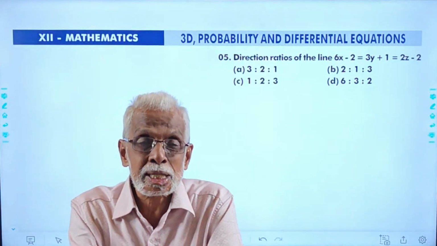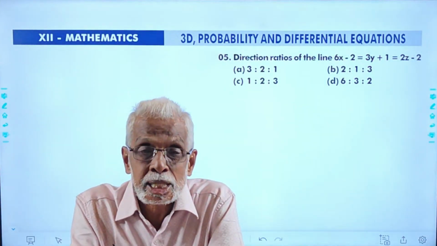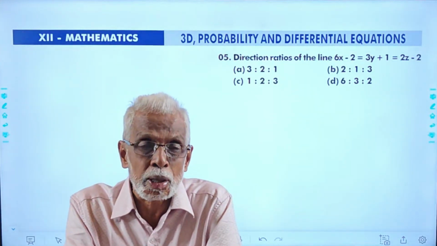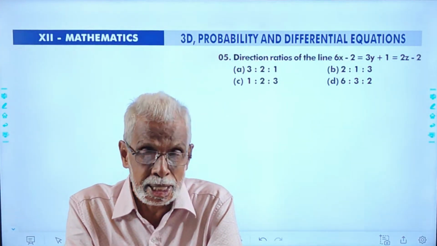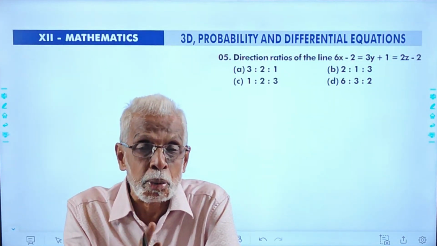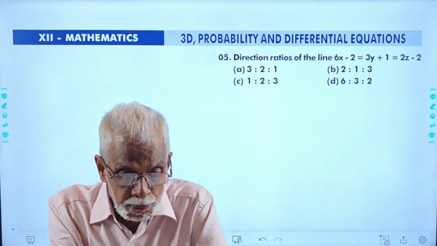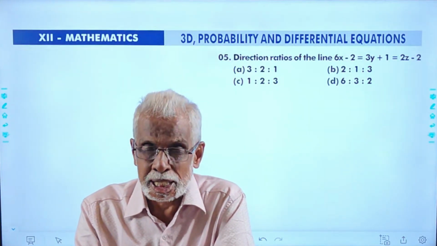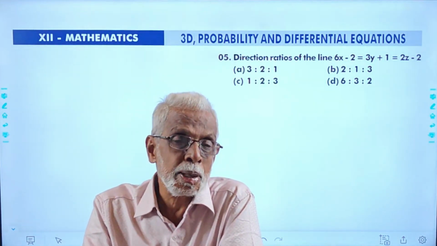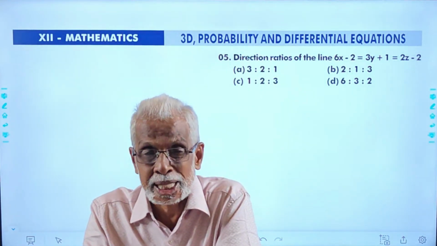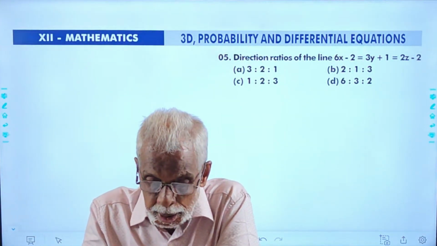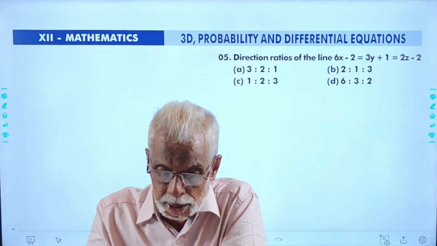Then you have to bring it to the strict standard form, that is (x minus x1) by a equals (y minus y1) by b equals (z minus z1) by c. That is, the coefficients of x, y and z must be unity. First, you have to bring the given equation into the standard form. Then we get the direction ratios. The correct answer is 1:2:3.